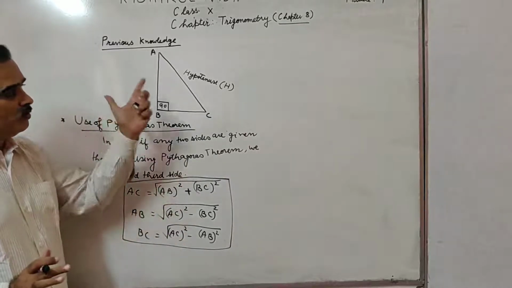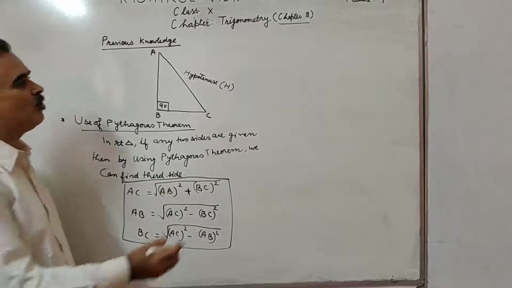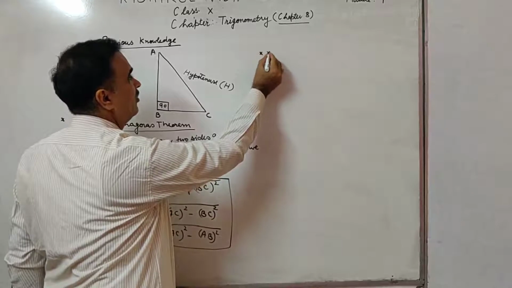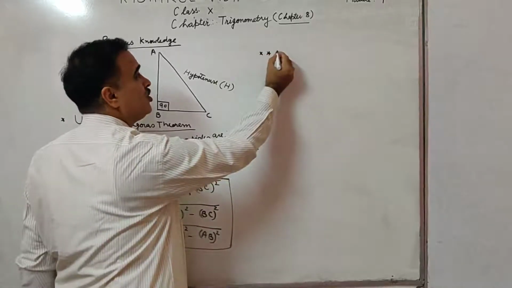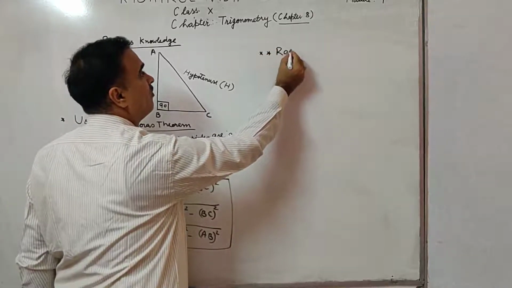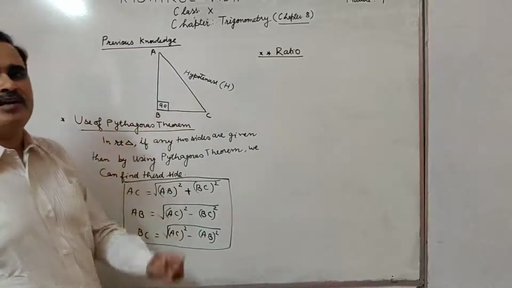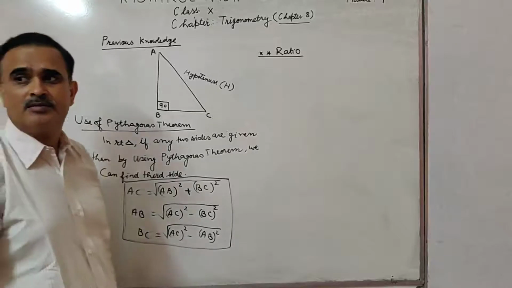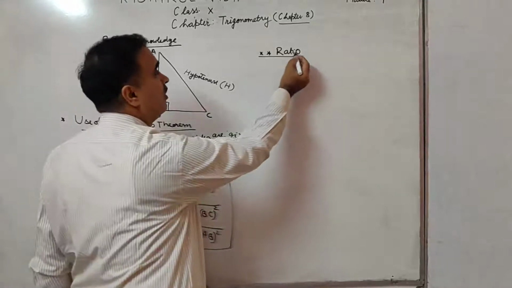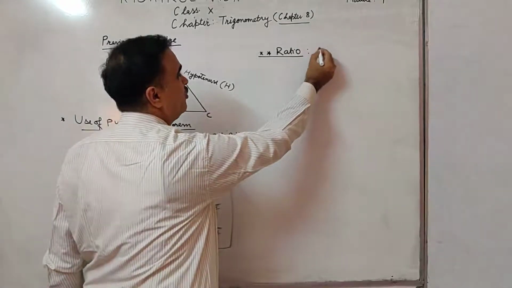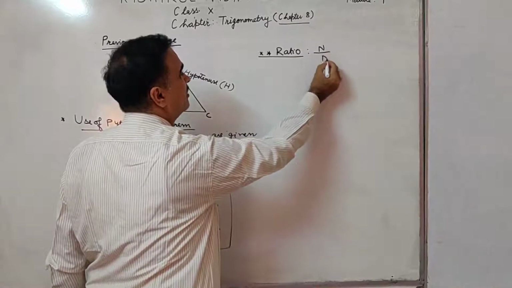exercise 8.1. There is another very important part, second, which you should know, ratio. What do you mean by ratio, my child? Ratio means numerator upon denominator.